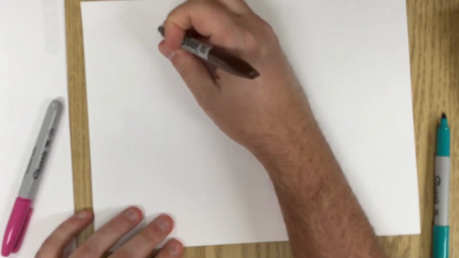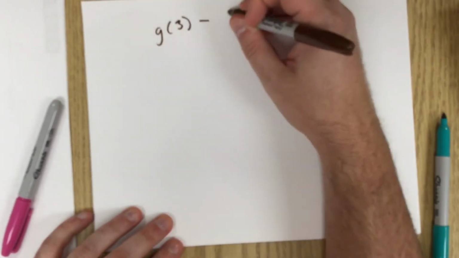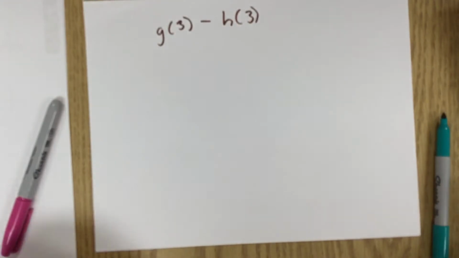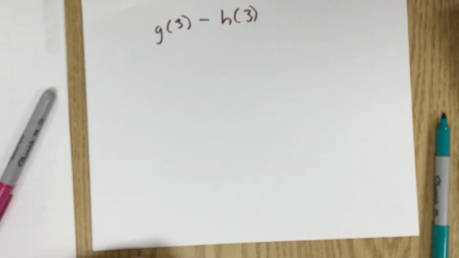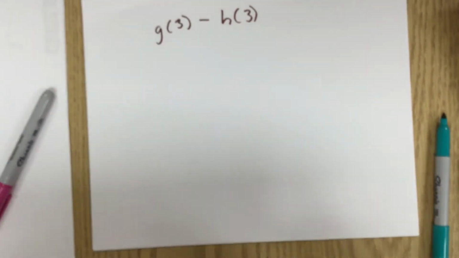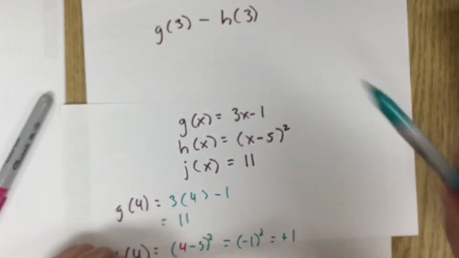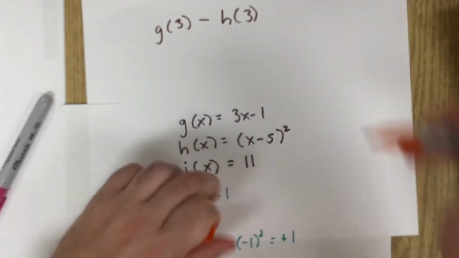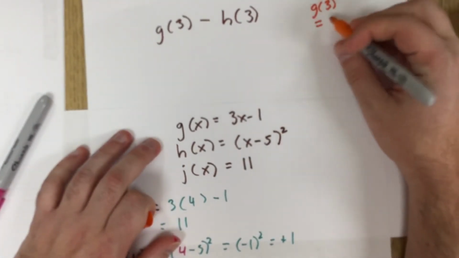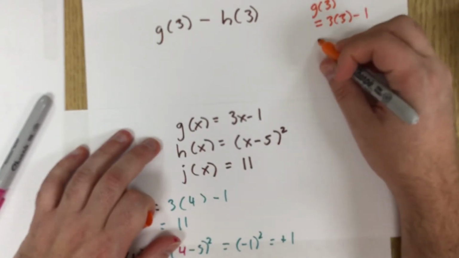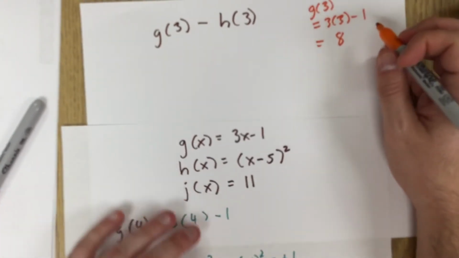And then you could do some interesting things with that. So for example, you could say, what is g of 3 minus h of 3? And you might have to figure those out. Oops, I lost my functions. Where did my functions go? So we need our functions here, so let's figure this out. g of 3 is equal to 3 times 3 minus 1, which is 9 minus 1, which is 8.